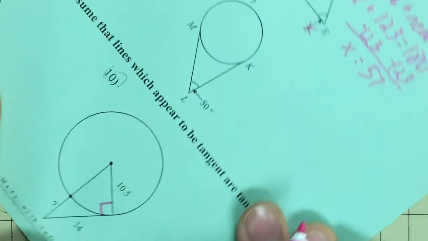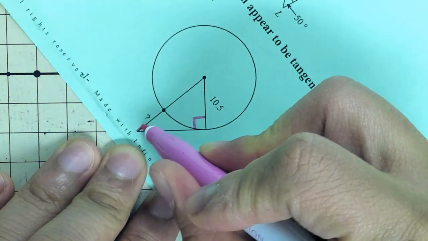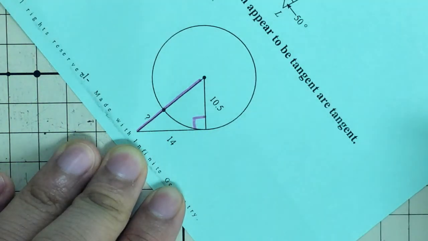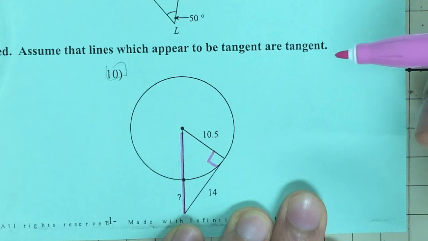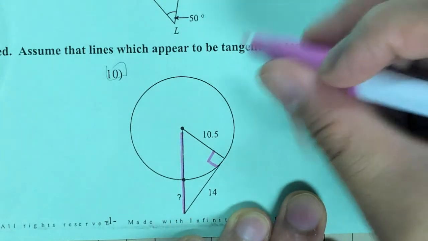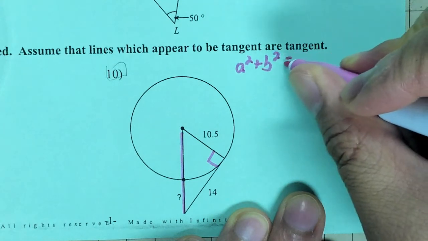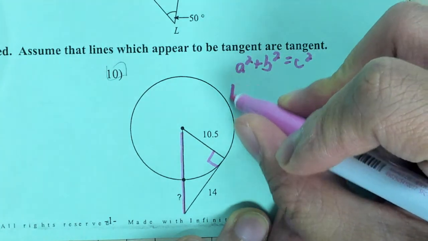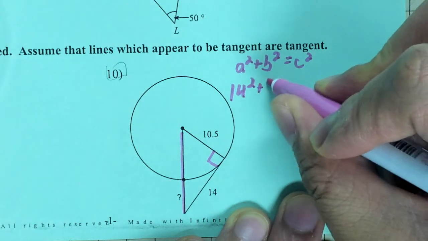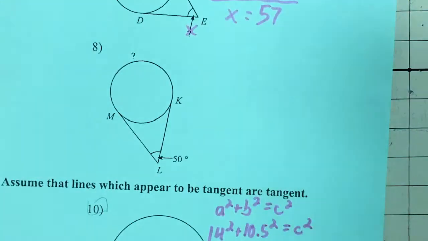So let me move my paper sideways. There's your right triangle. Now let's find the hypotenuse, h. Or in Pythagorean theorem, hypotenuse is c. So let's use a squared plus b squared equals c squared. So use your hypotenuse. So we have 14 squared plus 10.5 squared equals c squared.